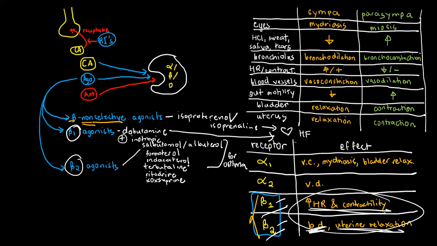But additionally, terbutaline, ritodrine, and isoxsuprine can actually cause uterine relaxation and give a tocolytic effect, which is a technical term for a drug or a substance that prevents premature delivery of a baby because it relaxes the uterus, so it prevents the baby from going out. Okay.